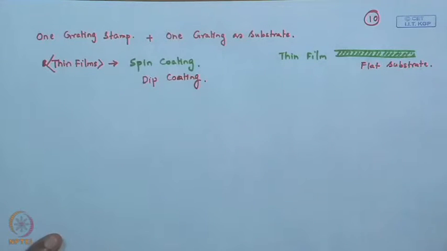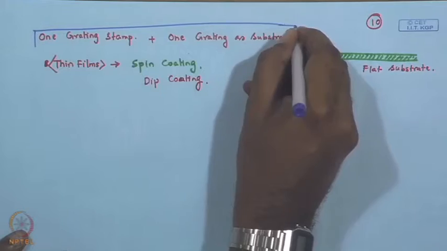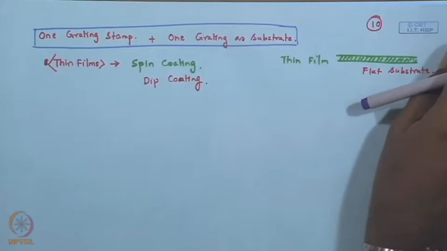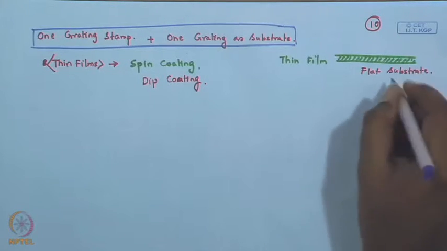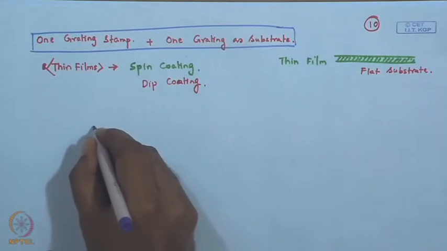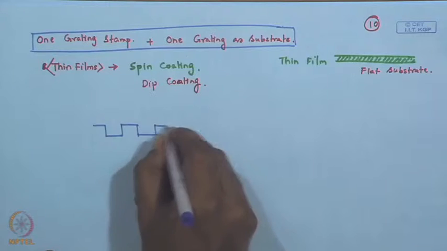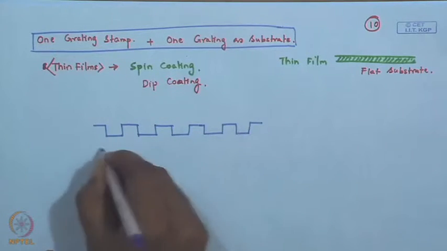Now, in this particular method or technique we are going to discuss, we take a grating stamp and a grating substrate. So, now the difference is that instead of coating the polymer on a flat substrate, which we have been doing so far, we now are going to coat the film on a topographically patterned substrate, which is let us say a grating.